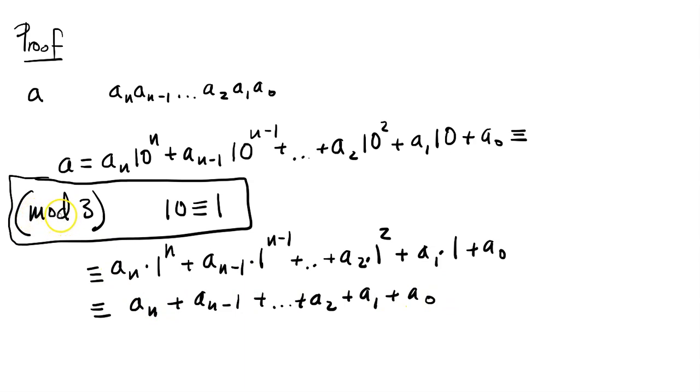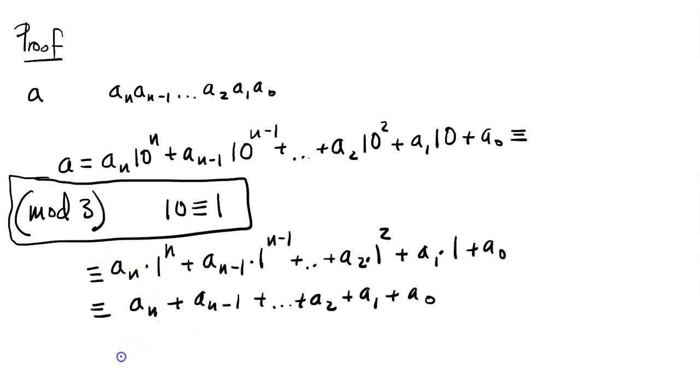That means that if this number is divisible by 3, then since it's congruent with the digit sum modulo 3, the digit sum must also be divisible by 3. And if this is not divisible by 3, then neither is the digit sum. Those two are divisible or not divisible by 3 at the same time, since they are congruent modulo 3.